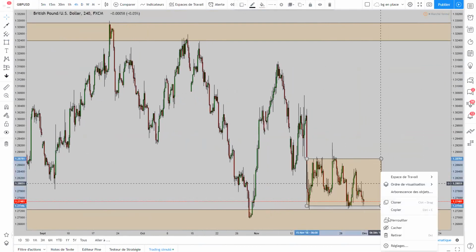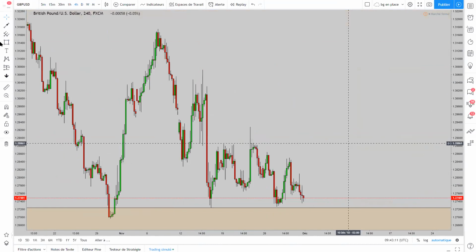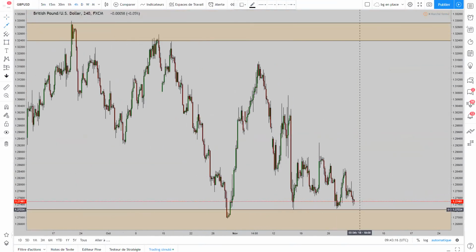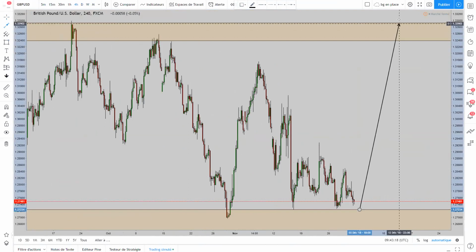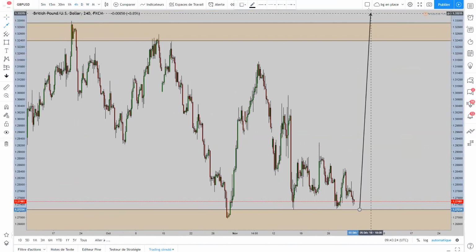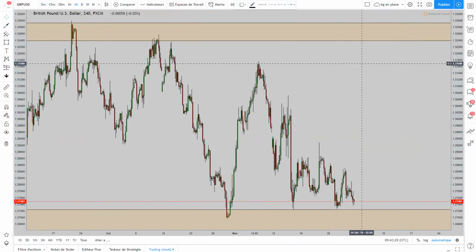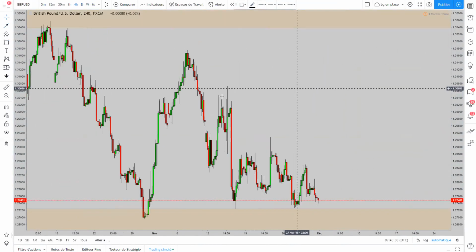So what we can expect, 12th of December, there is a Brexit result. If we're going to get the deal, it bumps the GBP, or if not, it dumps the GBP. So I don't really know what to say.